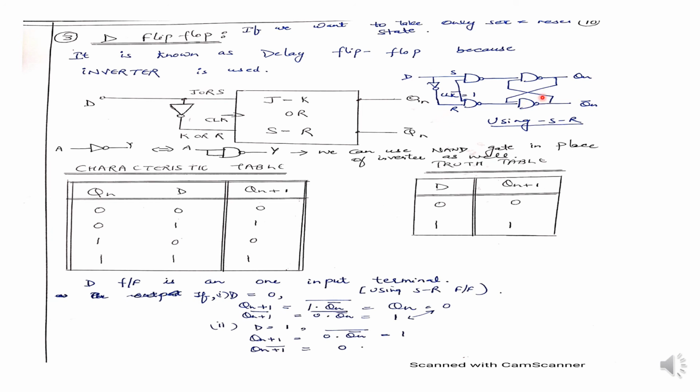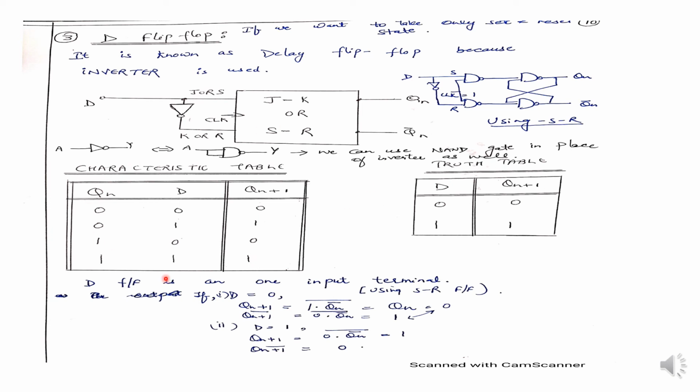So what will be Qn+1? Because 1 is going here, 1 is going here, 0 is here, and it is Qn bar, so 0 into Qn bar will be equal to 1 here. That means in both of the cases I am getting 1. So if D equals 1, what will be the output? Qn+1 equals 1 and Qn+1 equals 1.